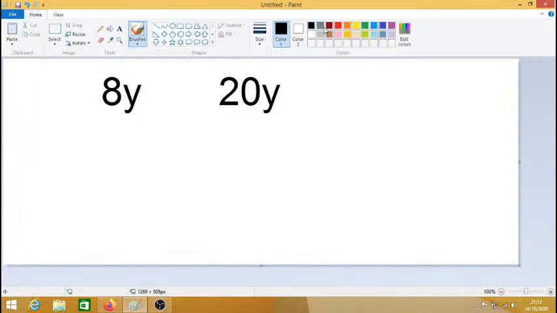Well, it's not just 4. 4 can make 8 and 4 can make 20, but I need to make the y as well. So the common factor would be 4y, because 4y times 2 can make the 8y, and 4y times 5 can make the 20y.